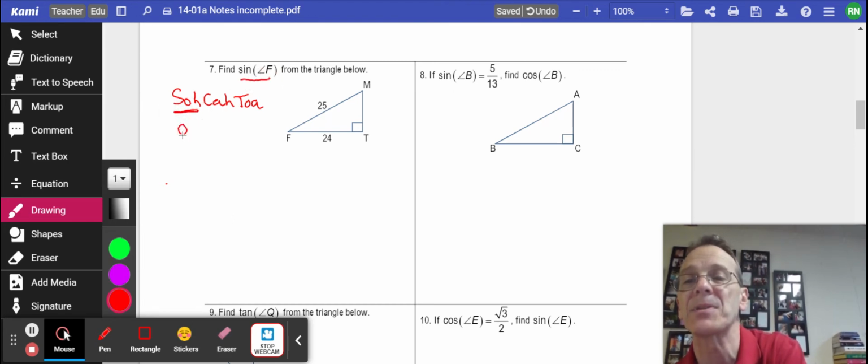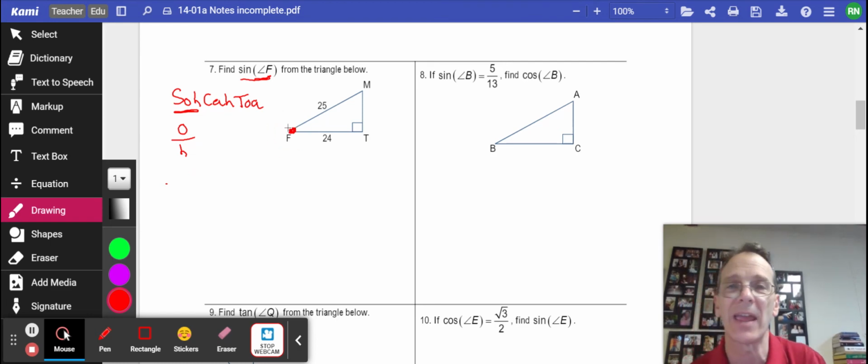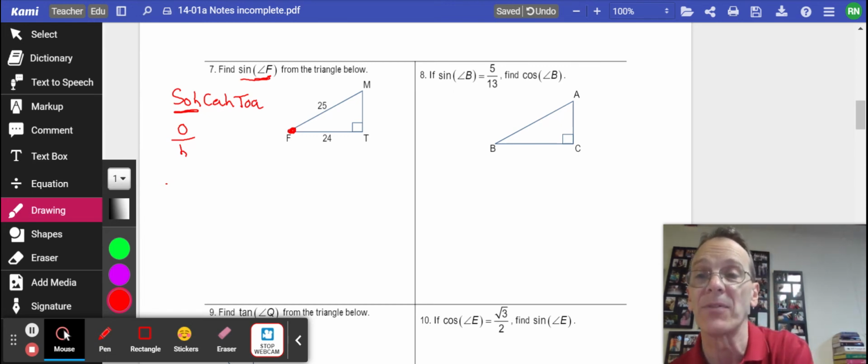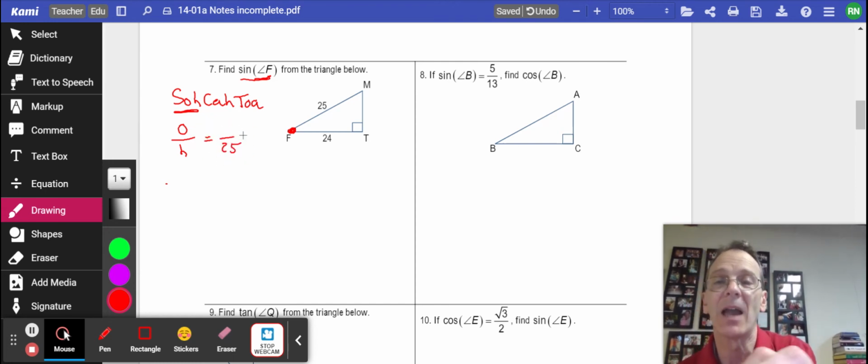I need the opposite side from angle F, and I need to divide that by the hypotenuse. Here's angle F. Put yourself on angle F. Now, the hypotenuse is the hypotenuse from any point of view on this triangle. So I know the denominator of this answer is going to be a 25. The opposite side is this one.